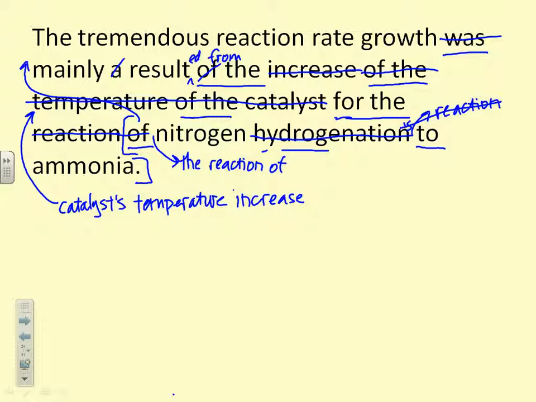And keep that at the end or at the beginning? I think it's better at the beginning. Okay. The tremendous reaction rate growth of the reaction of nitrogen to ammonia. I think we're still grappling with the two ofs. Remove the first reaction. Remove this. Yeah.